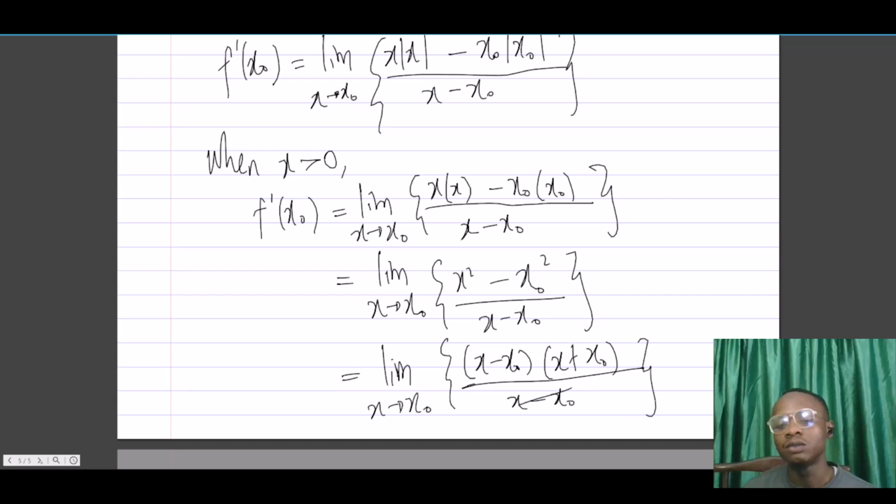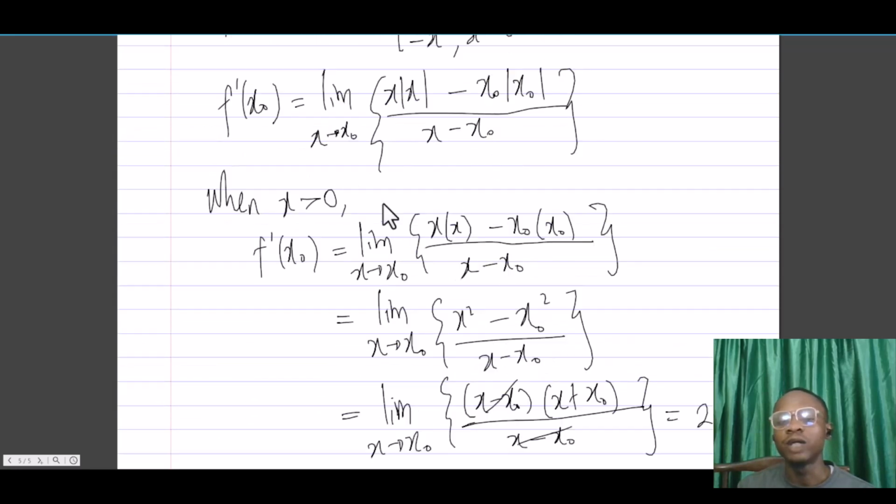So when we do this, we cancel this, and this will be x plus x naught. When we substitute x equal to x naught, that will be x naught plus x naught, which is 2x naught, when x naught is greater than 0. So as expected, this will be the derivative. That means that f prime of x will be 2x as expected.